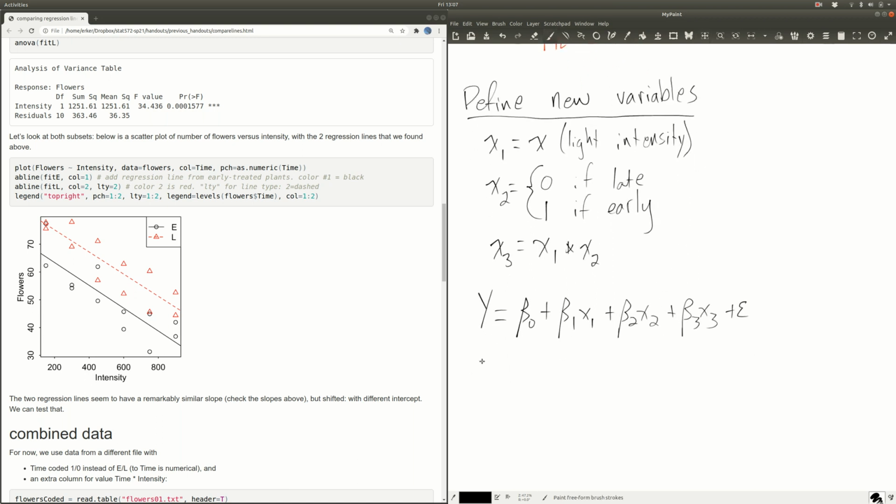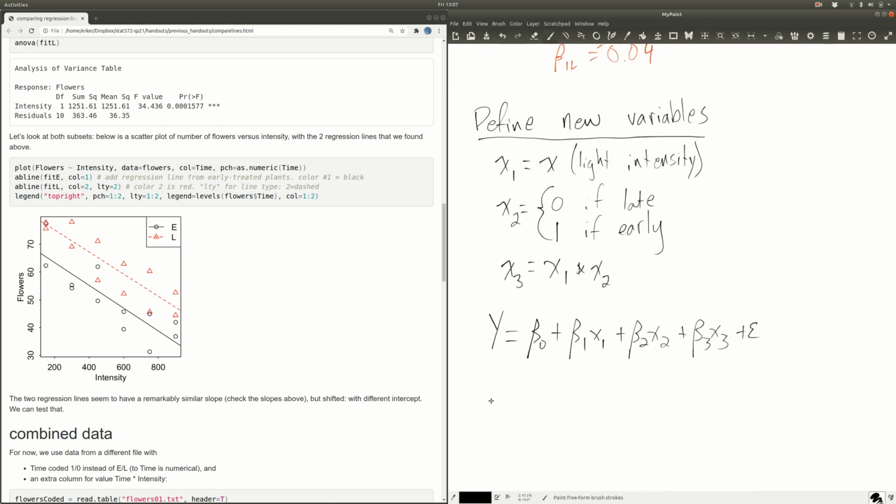Alright, so if we're dealing with the early case, which is blue, so we're talking early here, what will the model become? So we've got, let's do it directly under, y equals beta naught plus beta 1 times x1.